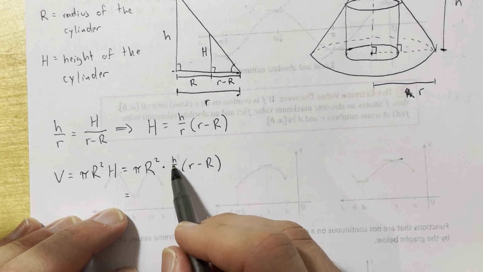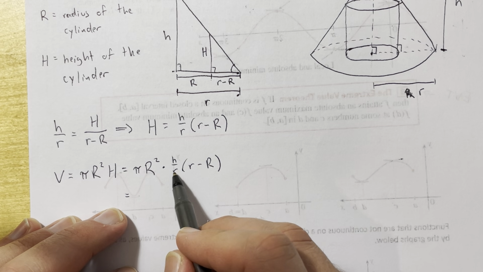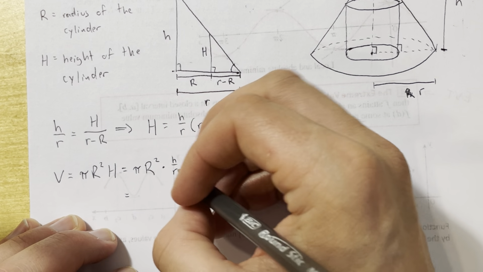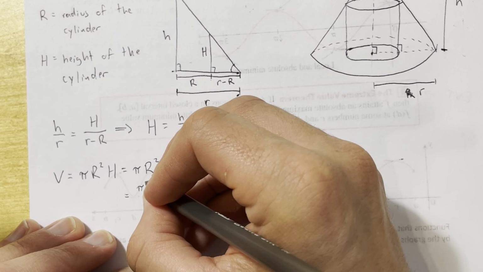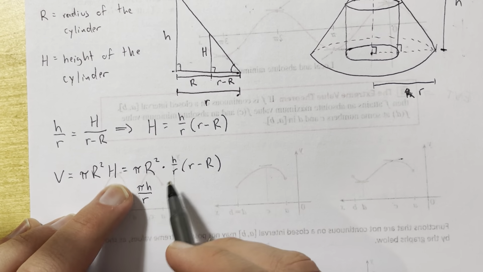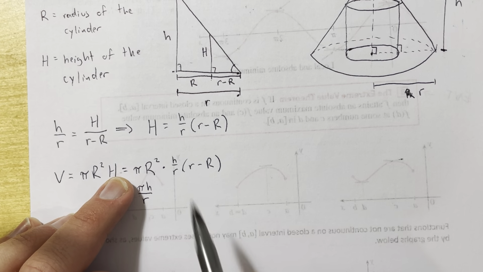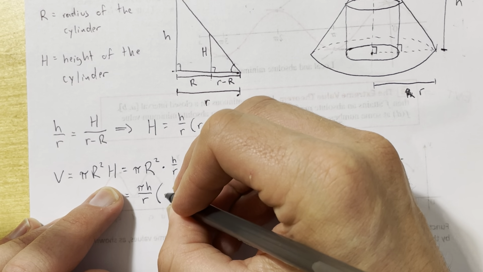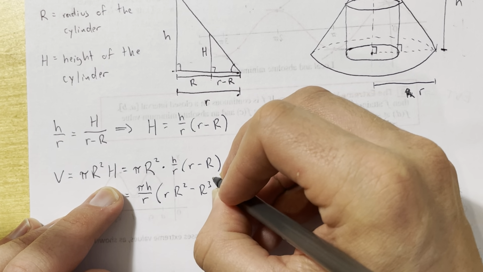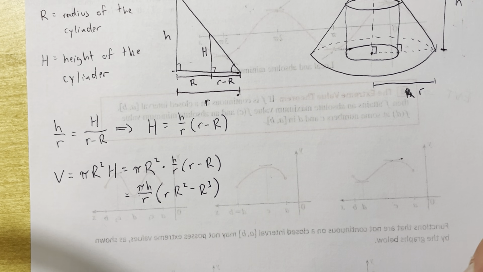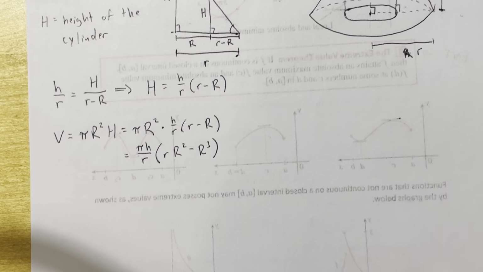Pi is a constant, h is a constant, r is a constant. Let's move all of our constants out here. So that would be like pi h over r. And then I'm going to take this R squared and multiply it into those parentheses. That's going to be little r times capital R squared minus R cubed. I'm doing that because that's going to help me when I take my derivative.